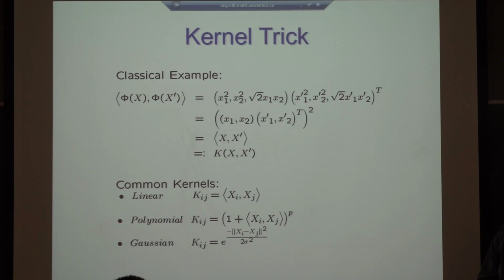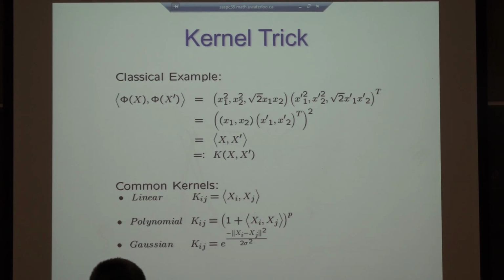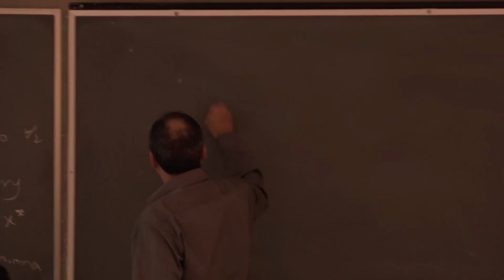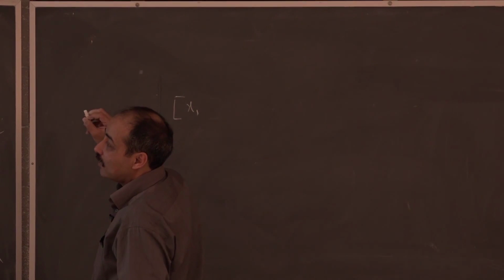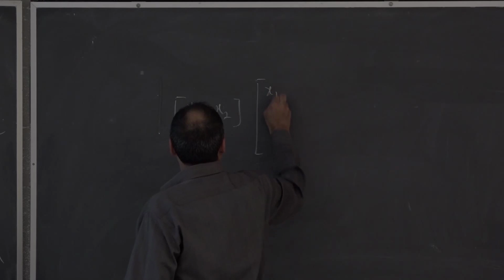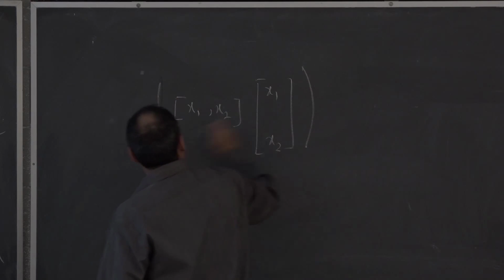Okay? If I compute, I have x1, x2 times x1 prime, x2 prime, squared.